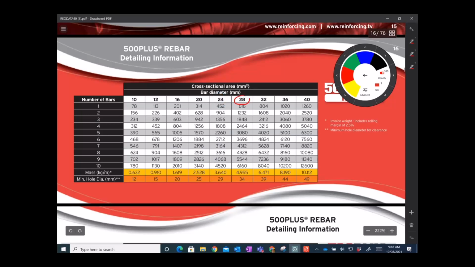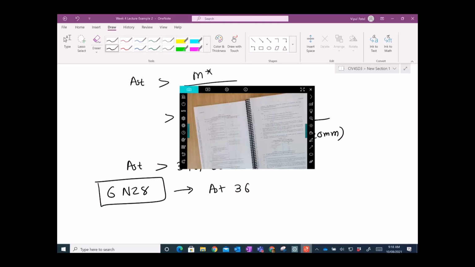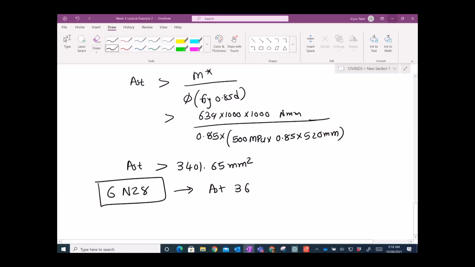Let's say you have N28 bars and we have a 3696, we need 6 bars, right? So if you go back here, then you need N28 6 bars, and Ast is 3696 millimeter square, right? So that's your area of steel reinforcement.